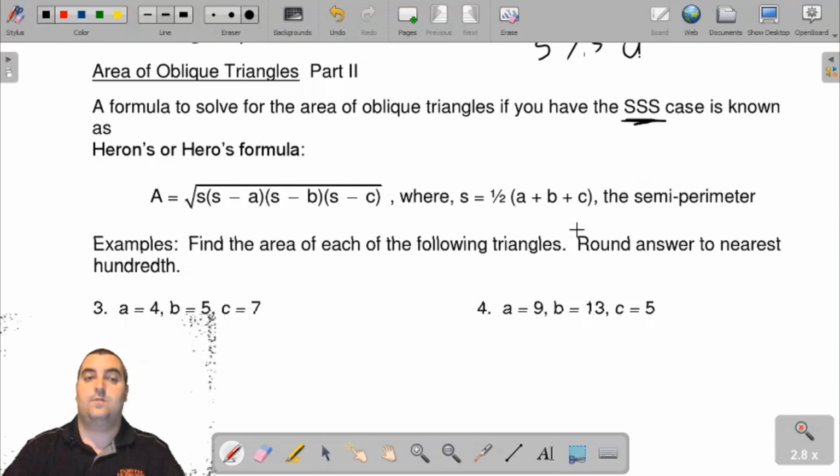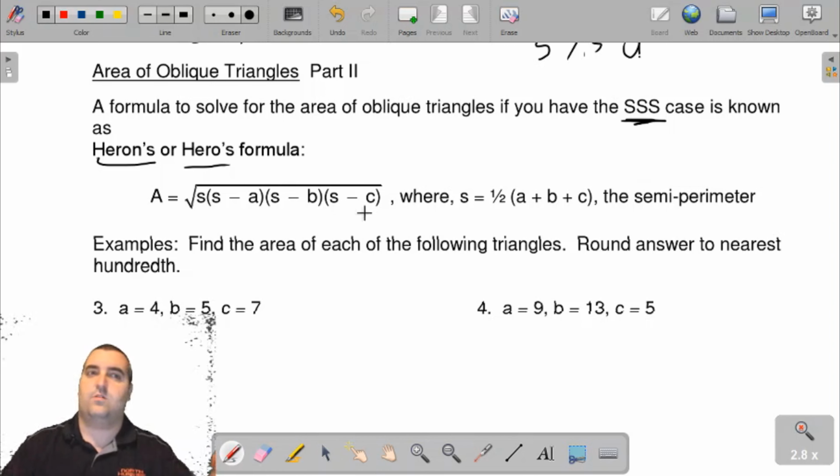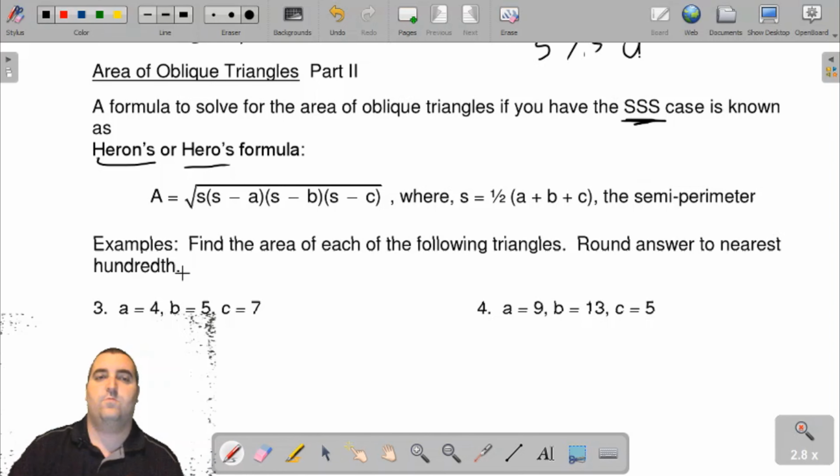We can estimate it or use measuring tape. You can call it Heron's formula or Hero's formula. It doesn't matter what you call it, it's still going to get you the area.